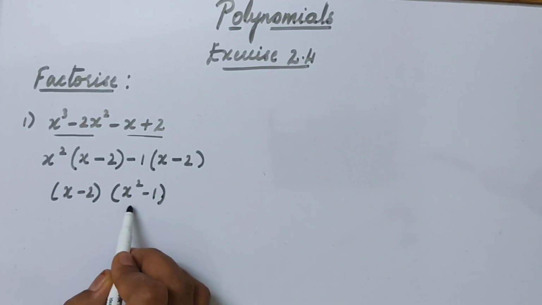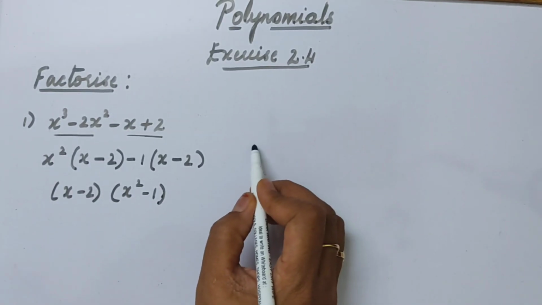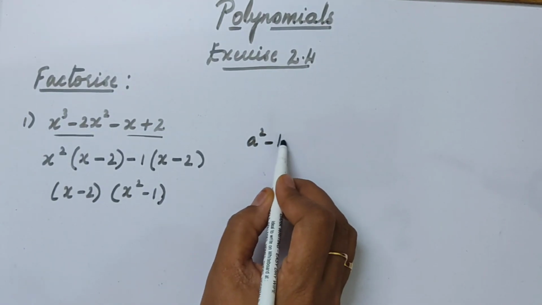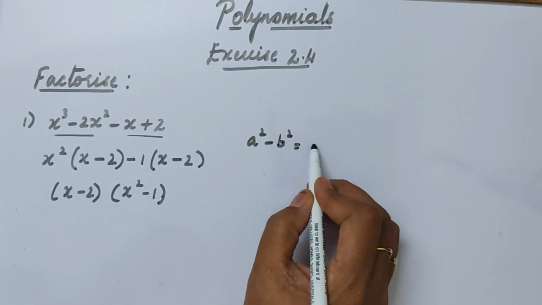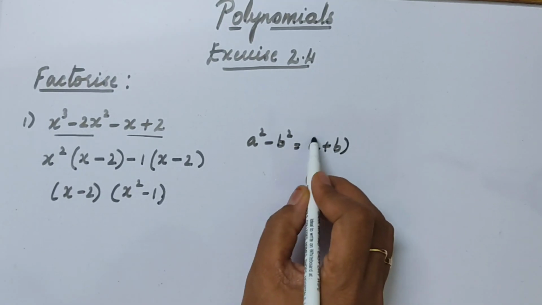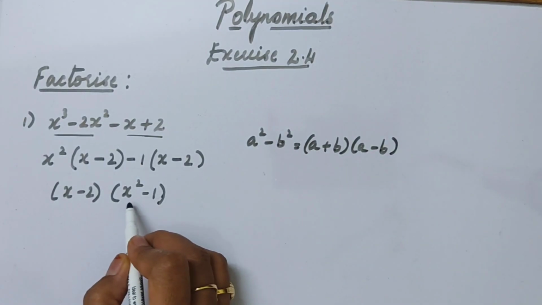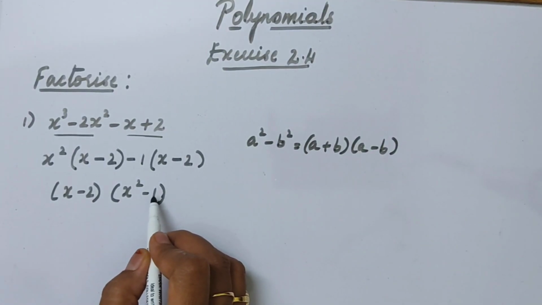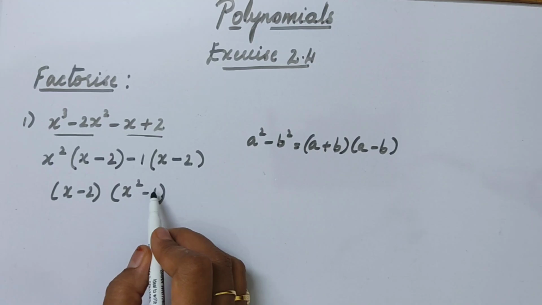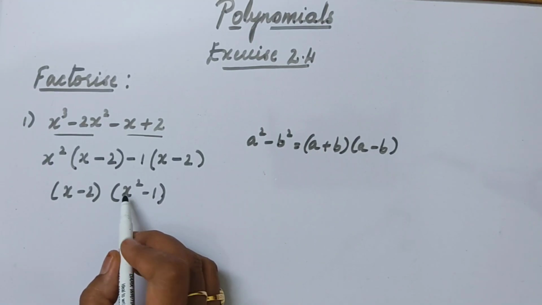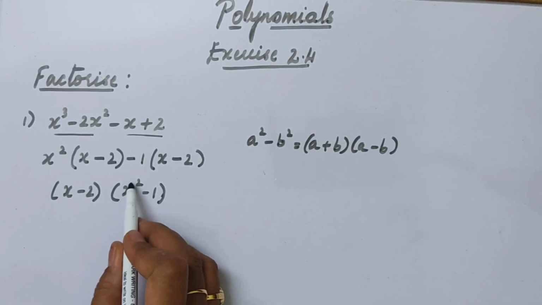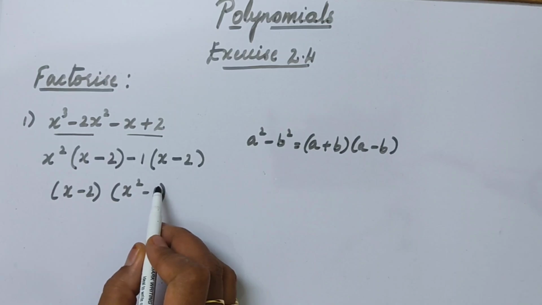As you can see, this is a formula you all know, I guess, that is a square minus b square equals a plus b into a minus b. It is in this form, x square minus 1. So you can even write 1 square. Let us assume this as a square minus b square.